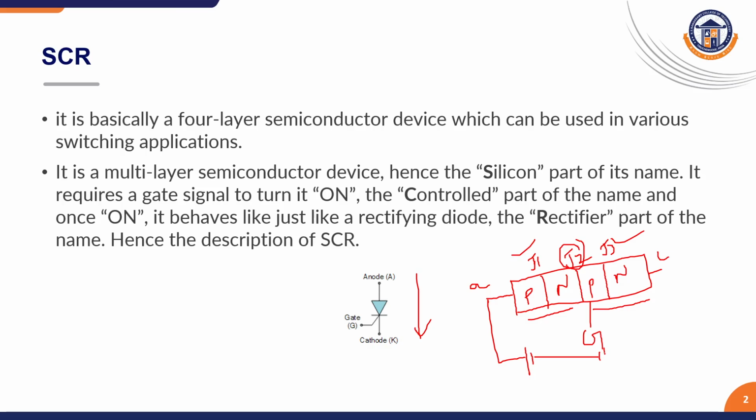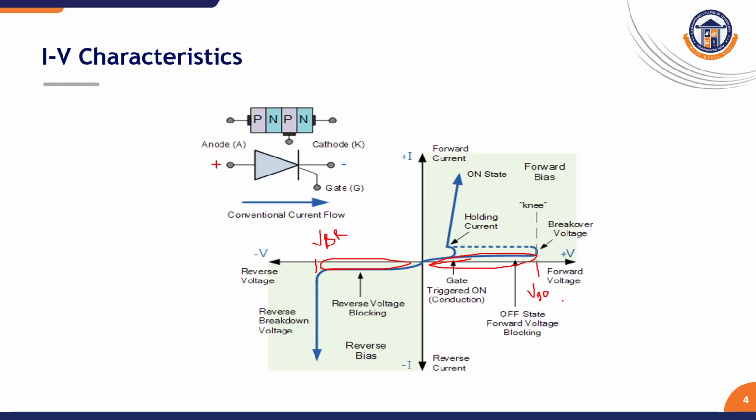When it is forward biased and we apply a small gate voltage between these two terminals, the SCR will go to the on state. It will cross this breakover voltage and go to the on state.